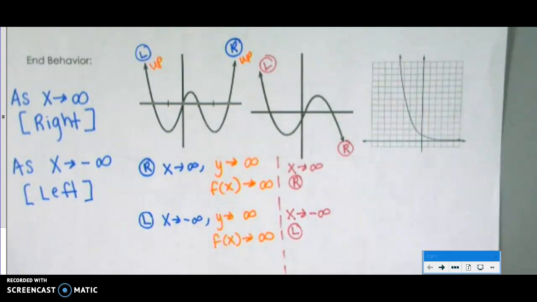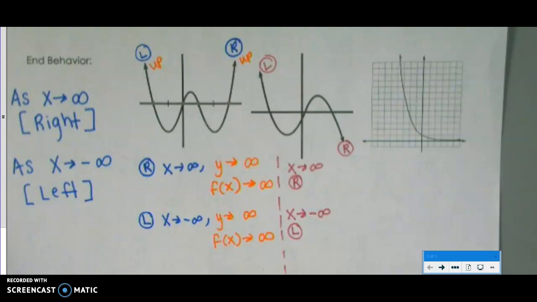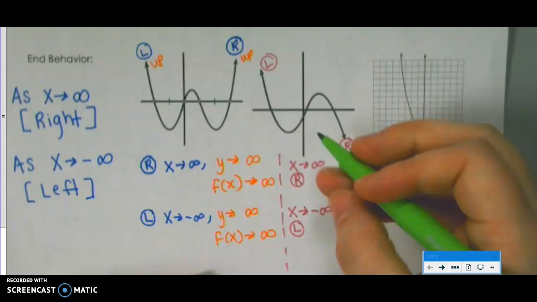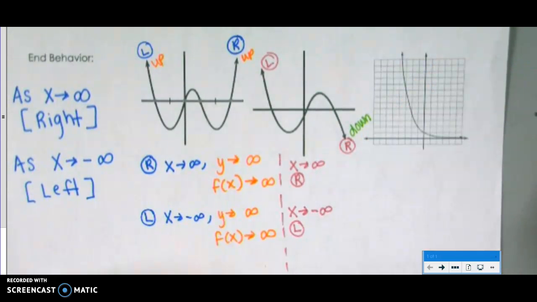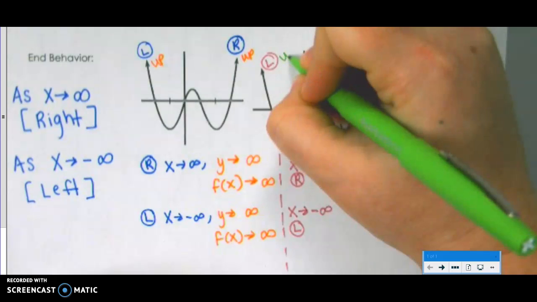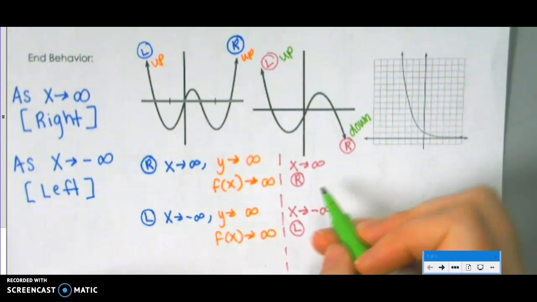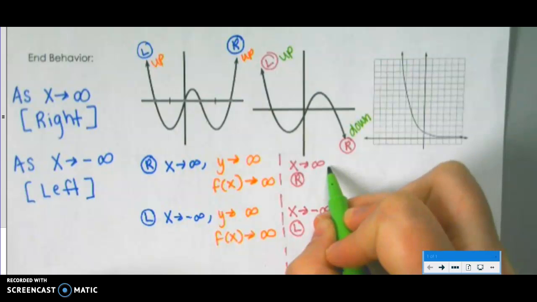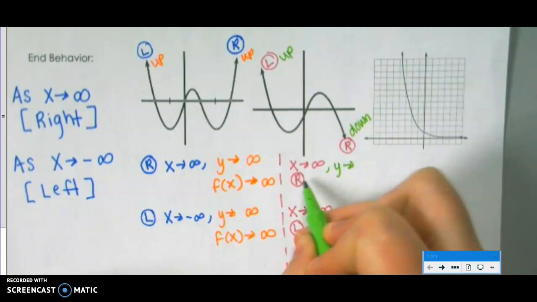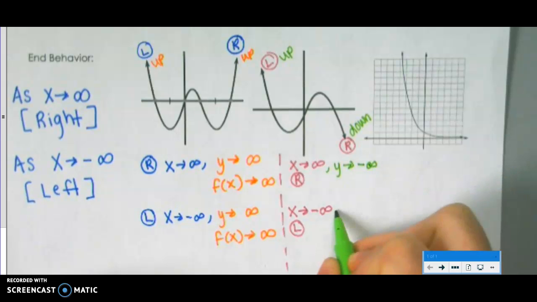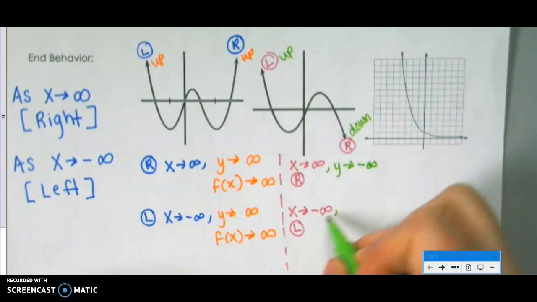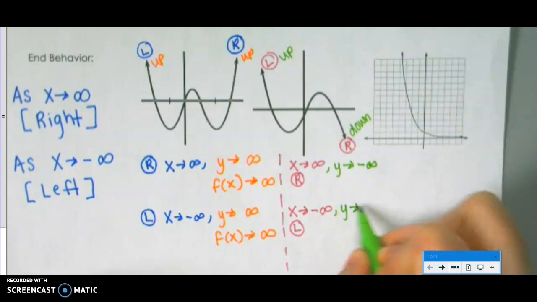We have 2 arrows. In this case, my right arrow is pointing down and my left arrow is pointing up. Because I'm running out of space, I'm going to use y. My right arrow is down. Down would be negative infinity. My left arrow is up. Up would be positive infinity.